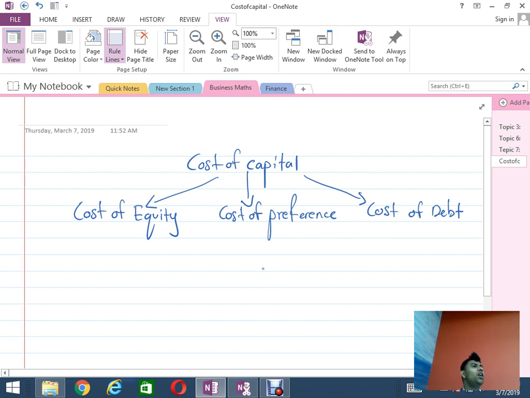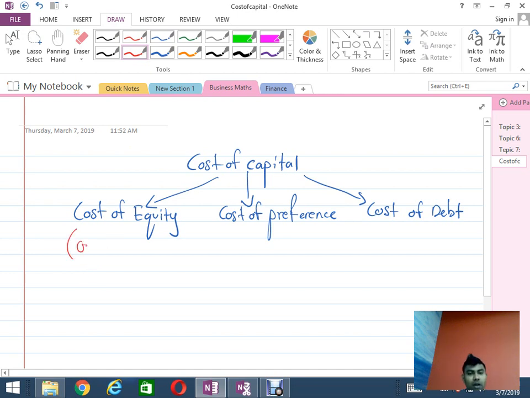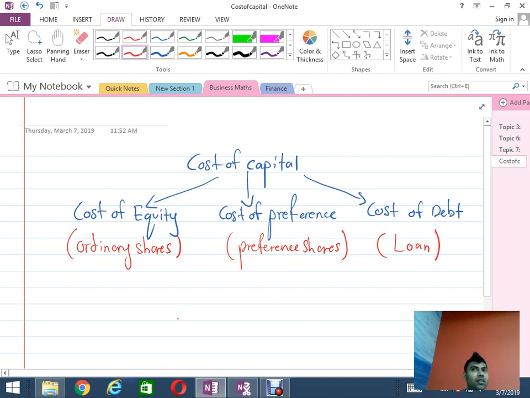Now why do we call all of these a cost? In finance we always put these as a cost. Why? Very simple idea. When we talk about equity here, we are talking about ordinary shares. This one you already learned in accounts, correct? When we talk about preference, it is actually preference share. Debt, of course, is the loan. This is about loan.